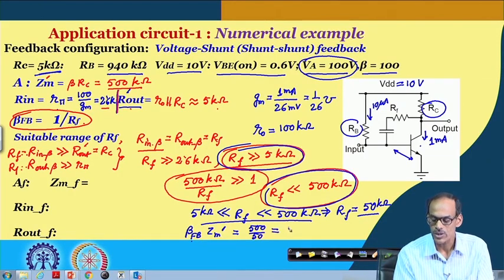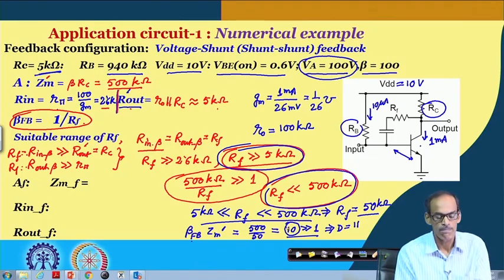So, this is equal to 10. We can say that this is much higher than 1. So, we are satisfying this condition, and then the desensitization factor, to be more precise, is 11, or rather we can say that this is 10.